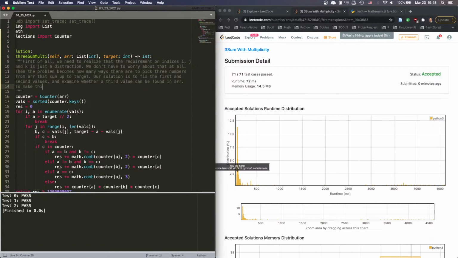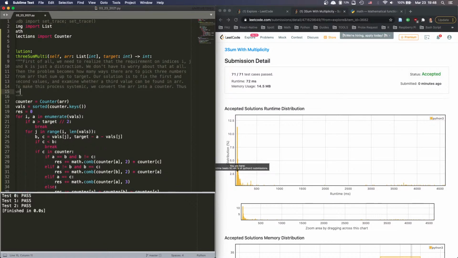To make this process systematic, we first convert the array into a counter. Thus, we have knowledge of the number of repeats each value has.